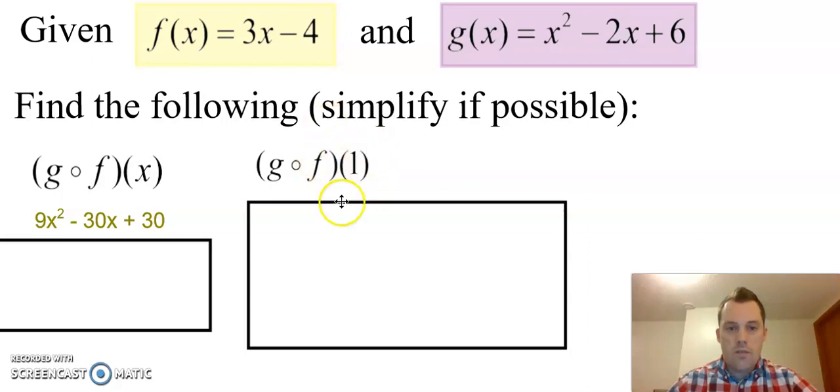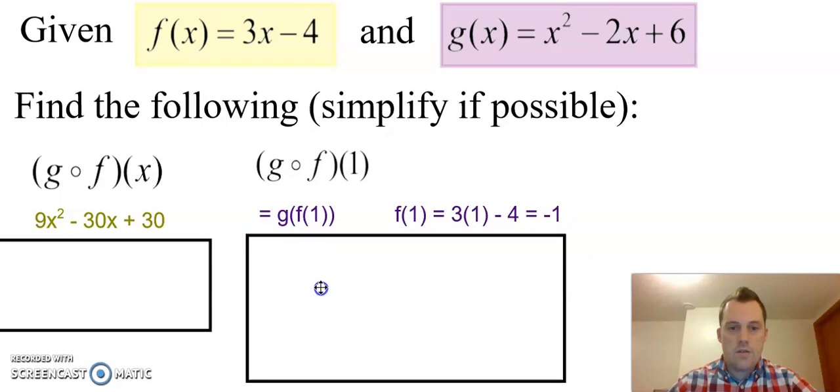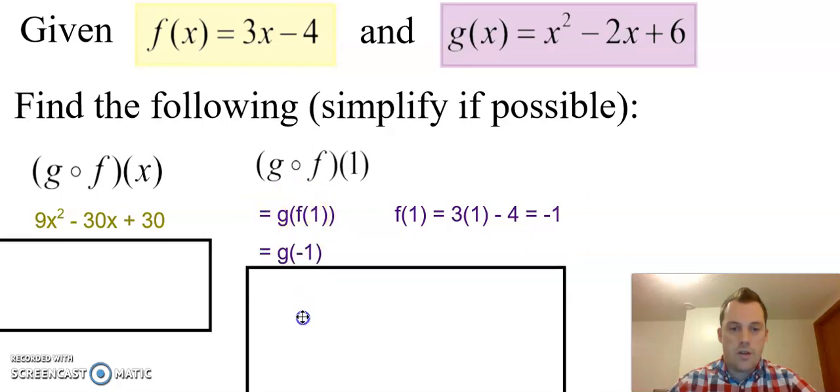So we're going to plug 1 in for our f function. We plug 1 in for x right there. So we're really doing g of f of 1. F of 1, when we plug that in, we get 3 minus 4, which is negative 1. So now negative 1 is what we get from f of 1. That is our input then into our g function.